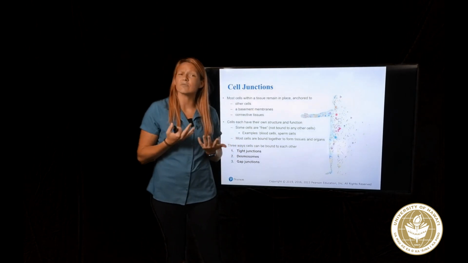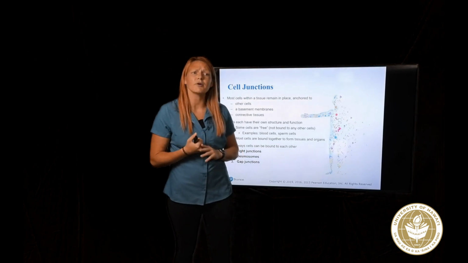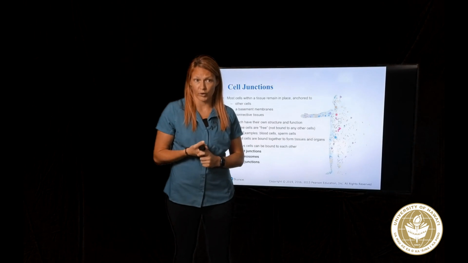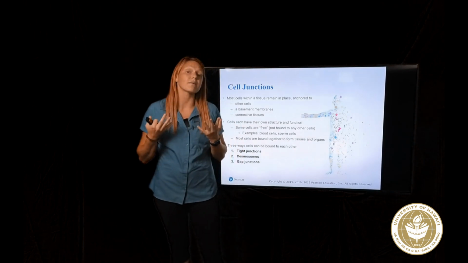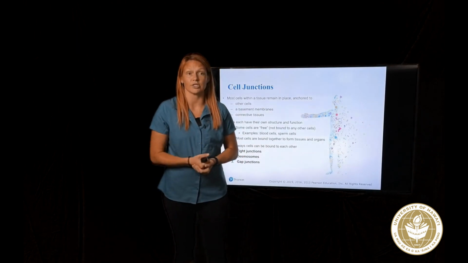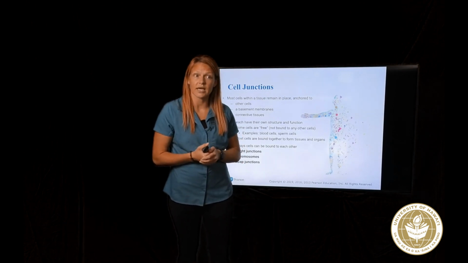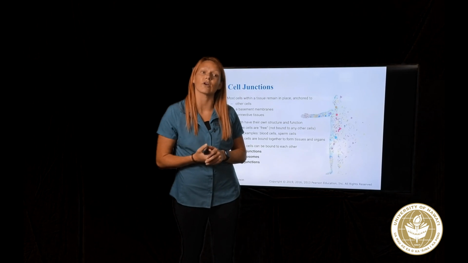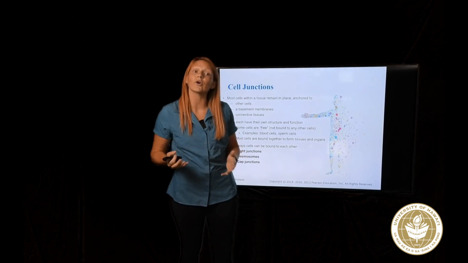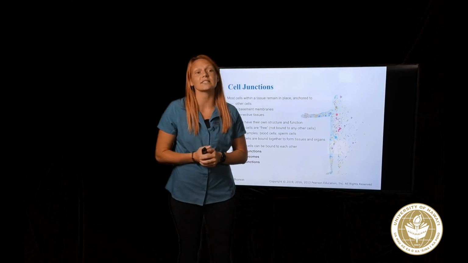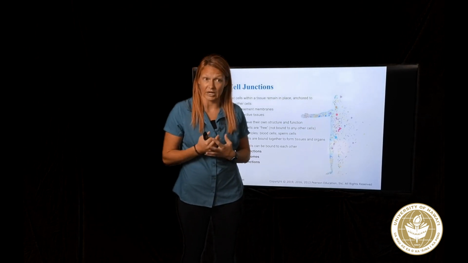So they're not joined to anything in particular, but most cells are going to be bound together to form tissues and organs. So again, cells are that basic unit of life that we talked about in chapter 3. They're going to bind together to create tissues, and different tissues put together will create an organ. Different organs come together to create an organ system, and then those organ systems all work together to maintain our life.